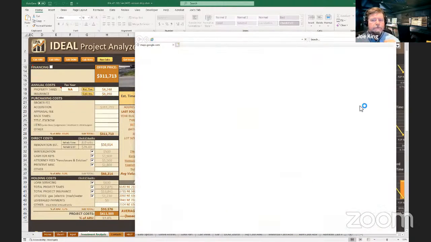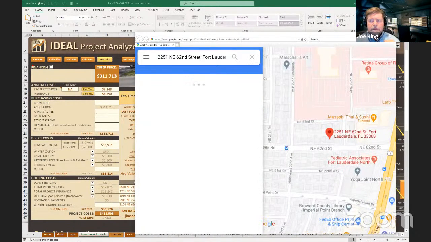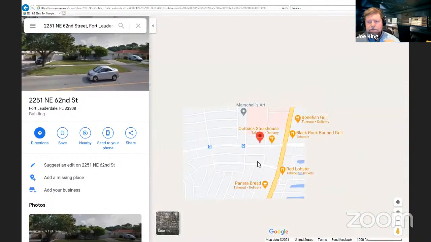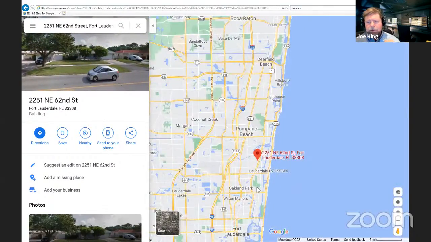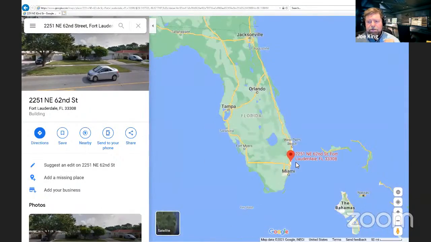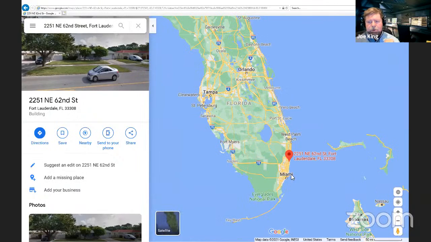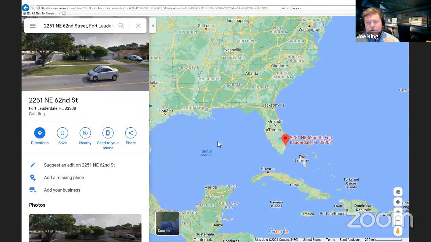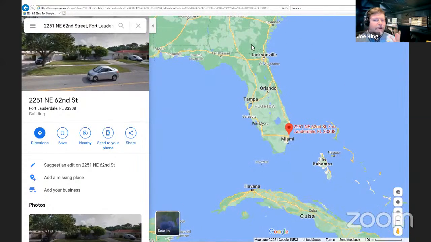If we go to Google and take a look at the general area around our subject property, we're basically on the coast here. We are in some prime property, and we're not in the hurricane zone, which is this area here, which is actually good. I guess all of it's a hurricane zone, really, because it all gets hit all the time.